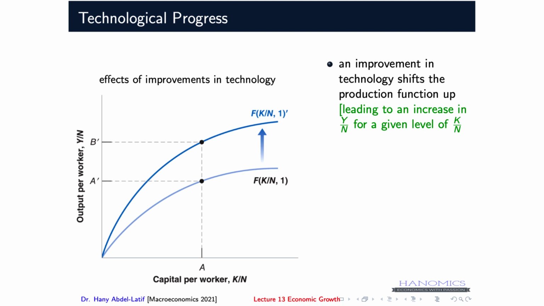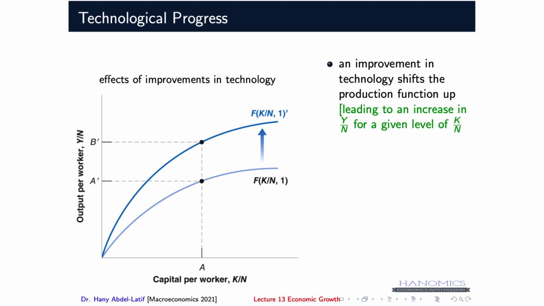As I said at that point, if there's a change in capital, that means you're moving along the same production function. However, if we're talking about a change in technology, that means the production function itself should shift upward if there's an improvement in technology. And that's what we see here.